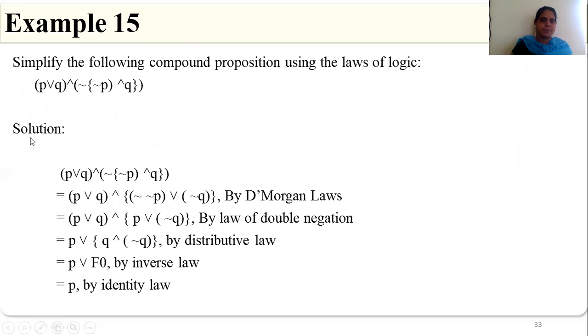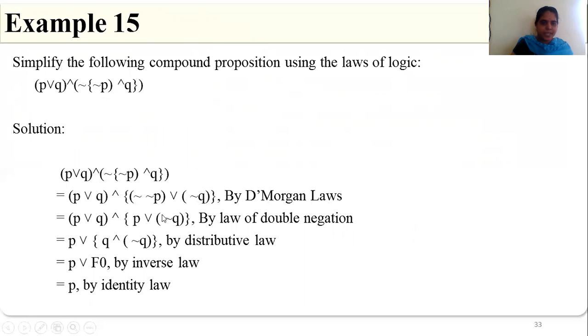These are some examples you can observe here. We have to solve this by using the laws of logic. First, we can observe the negation of negation P or negation of Q; we can say this is by De Morgan's law.